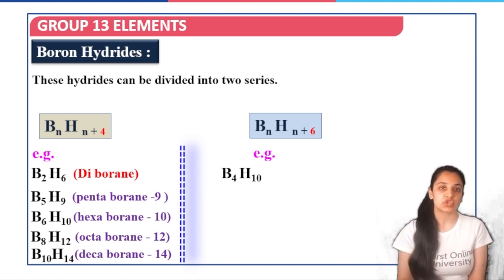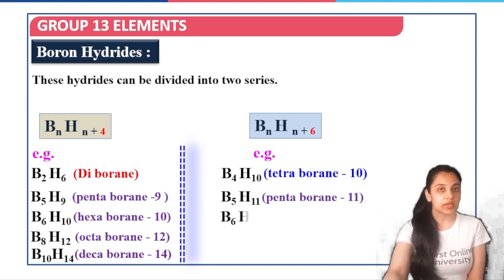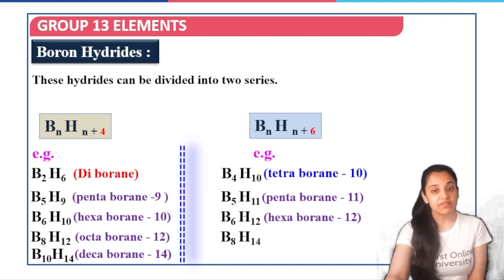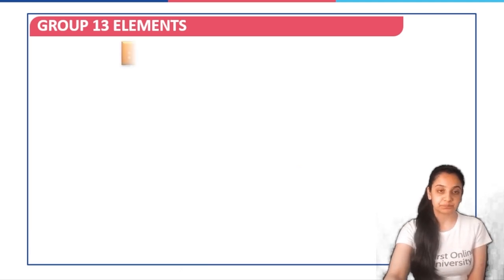So B4H10, also known as tetraborane 10, is an example of arachnoborane. Similarly, B5H11, which is pentaborane 11, B6H12, which is hexaborane 12, B8H14, octaborane 14, and B9H15, that is nonaborane 15.